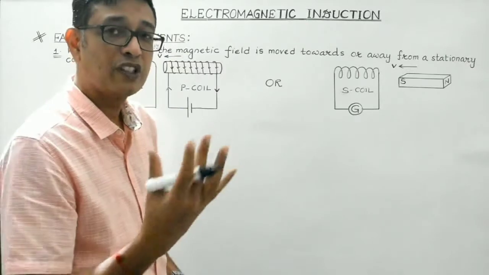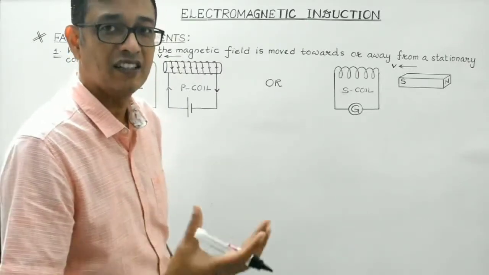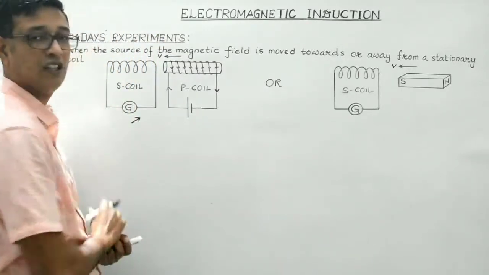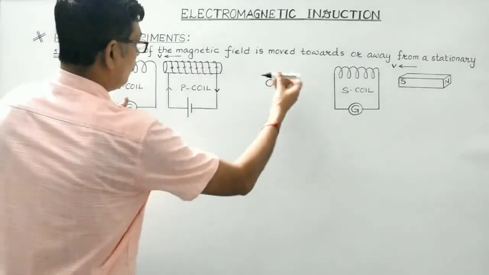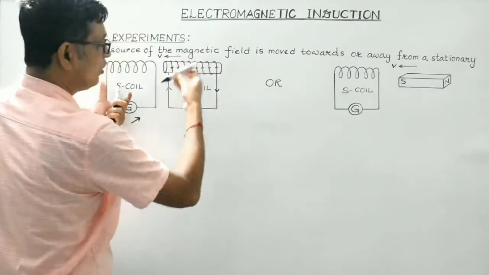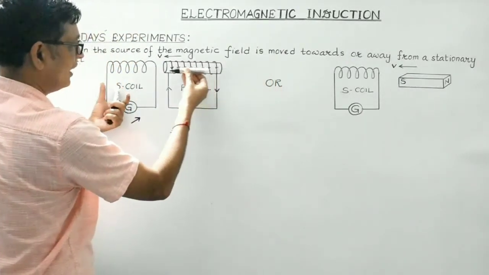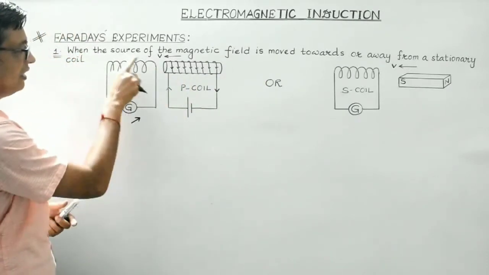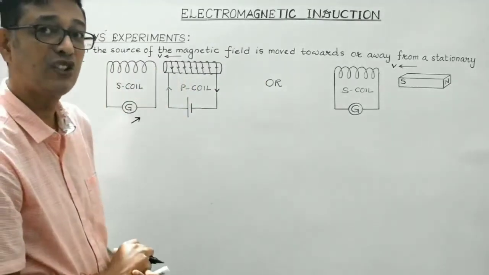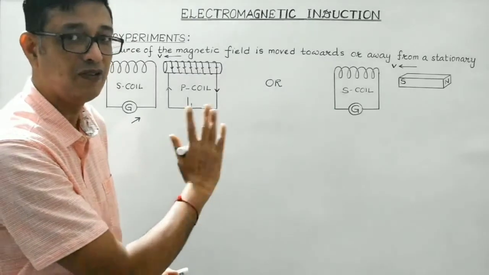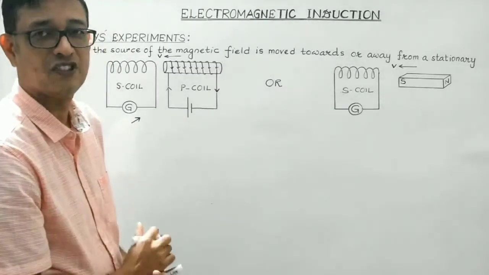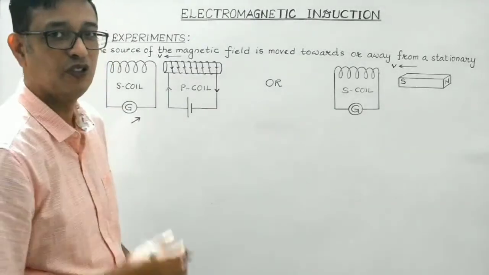The deflection of it shows the production of current, the flowing of current through the S coil. So it means that when this P coil is brought closer to the S coil, then some current gets induced in the S coil. That is the reason why the galvanometer shows some deflection, say towards right. This was the first observation.